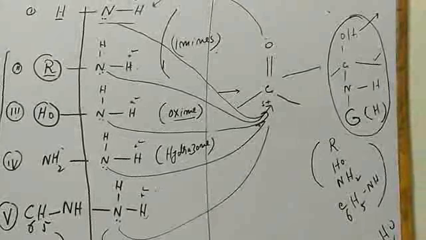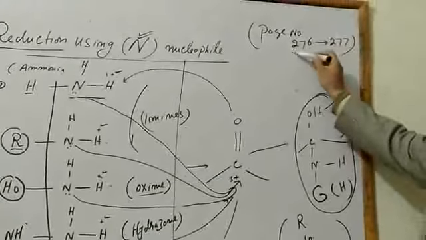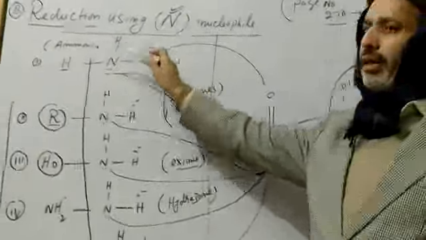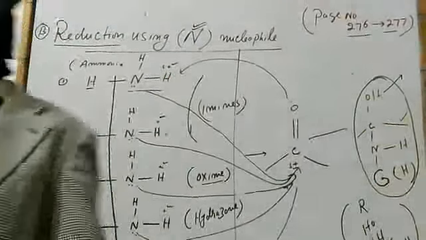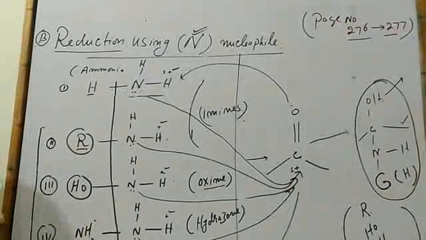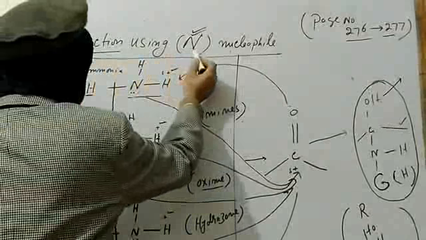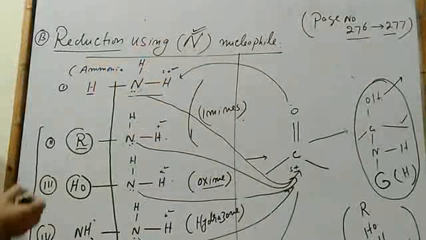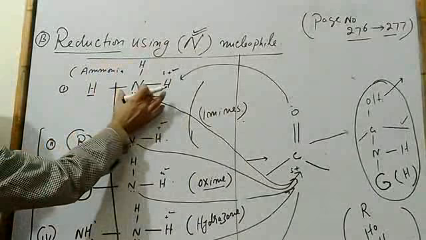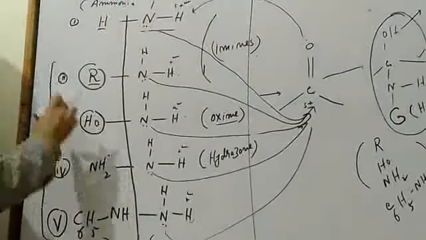So once again, I will repeat because I have covered 2 pages just in a single paragraph. Therefore, if some of the students face difficulty, then once again I may repeat: reaction using nitrogen nucleophile. Nitrogen nucleophile is in ammonia and ammonia derivatives.